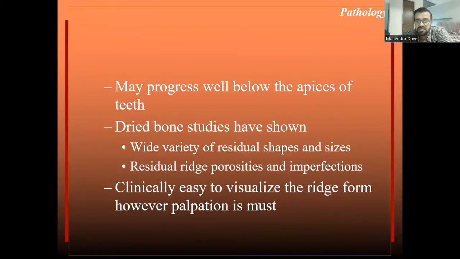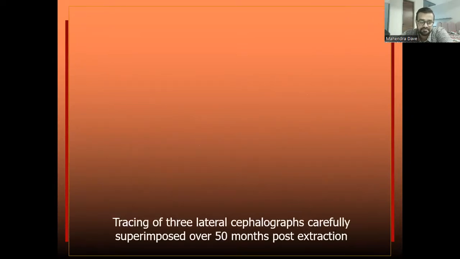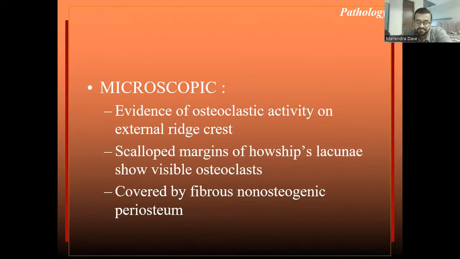Bone studies have also shown a wide variety of residual shapes and sizes, residual ridge porosities and imperfections. Clinically it is easy to visualize the ridge form, however, palpation is a must. Tracings of lateral cephalograms carefully superimposed over 50 months post extraction. This is the criteria to find the pathology of residual resorption.